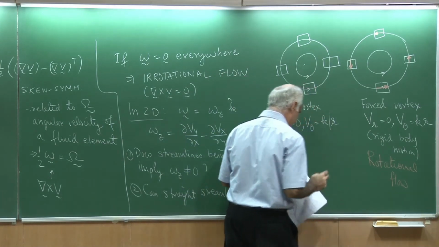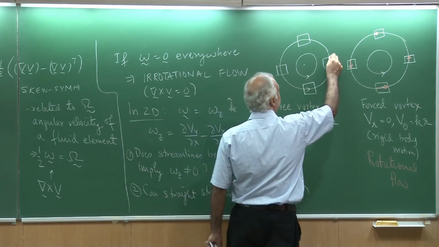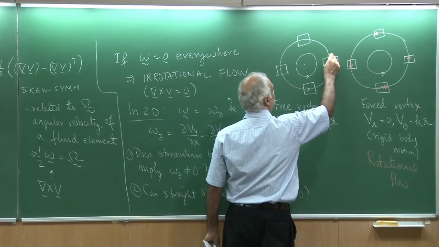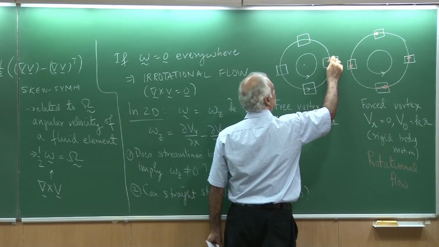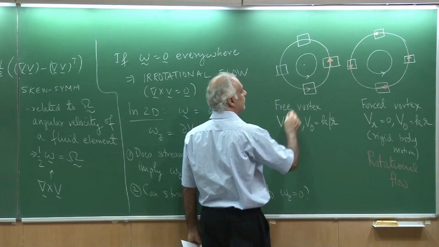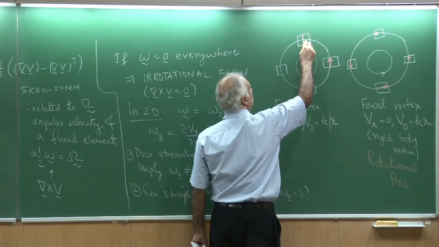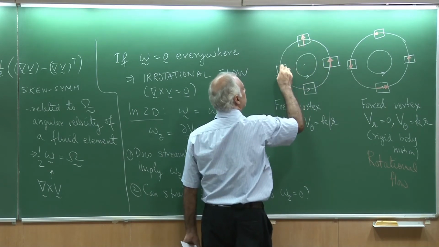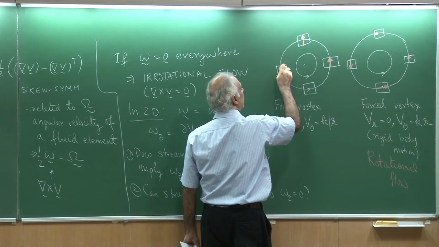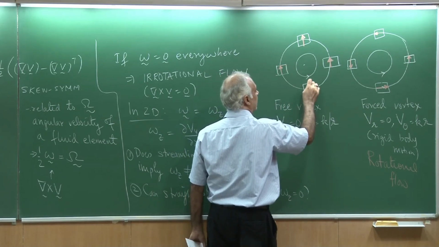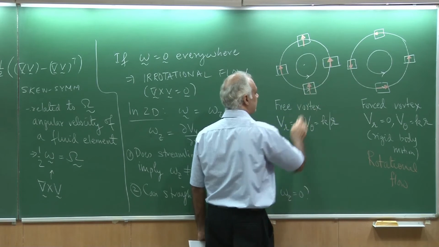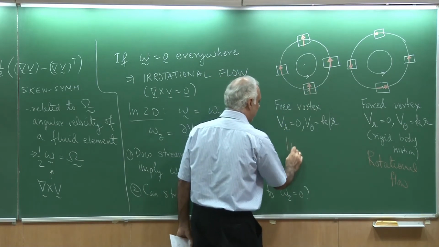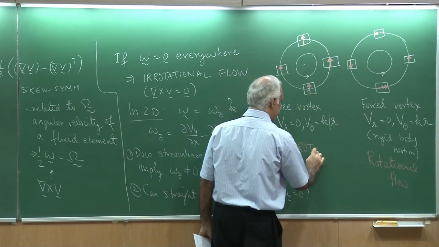Just for completeness, let me draw the arrowheads here. An element oriented like this would keep getting oriented in the same manner at all locations. And this would be an example of irrotational flow.